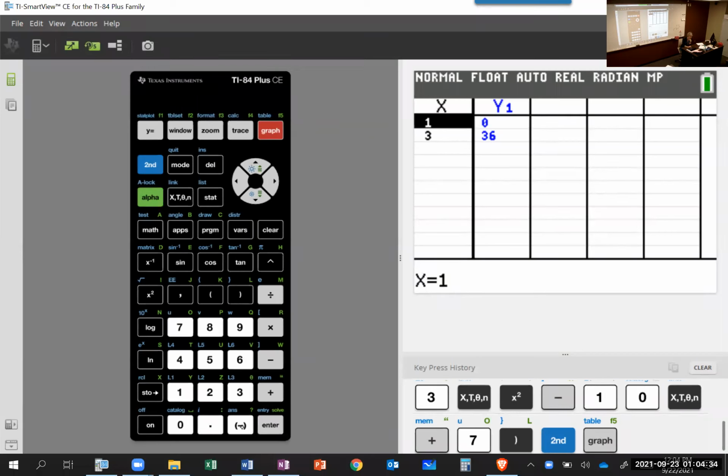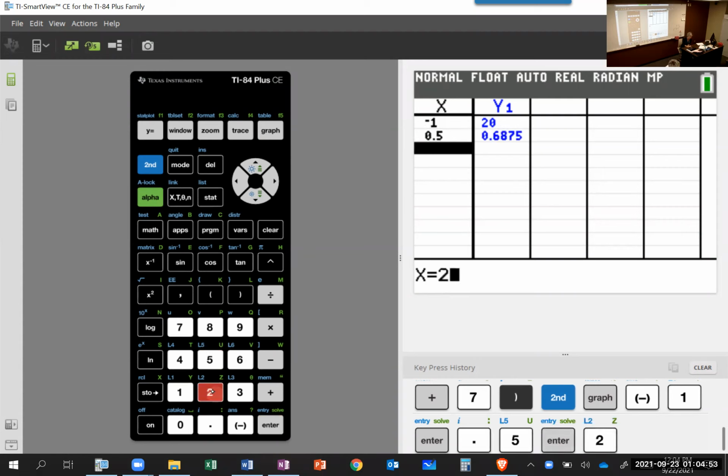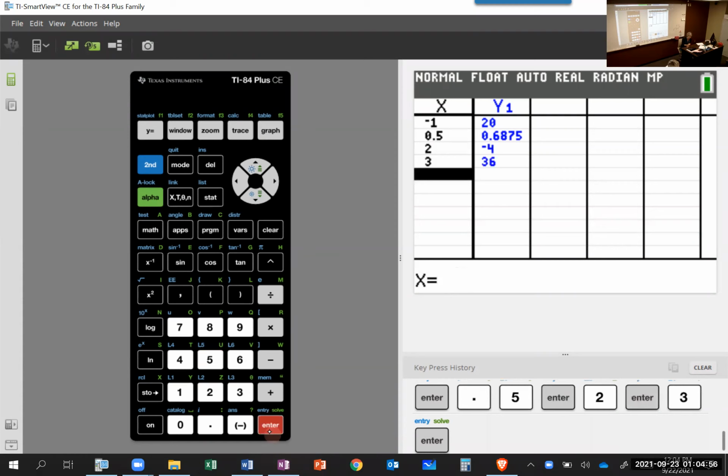So I'm going to enter -1 into the calculator, and it's going to evaluate my function for -1, the one we just put in at y1. And now I'm going to evaluate at 1/2. And I'm going to evaluate at 2. And I'm going to evaluate at 3.